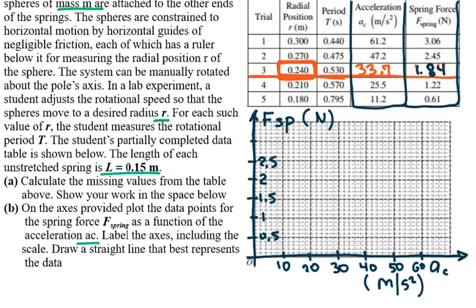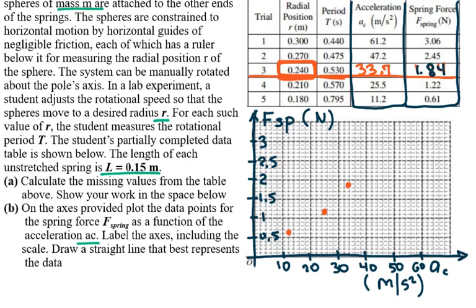2.5, and 3. And for my points, at 11.2, I have 0.6, so it's somewhere here. At 25, I have 122, so somewhere here. At 33, I have 184, somewhere right here.